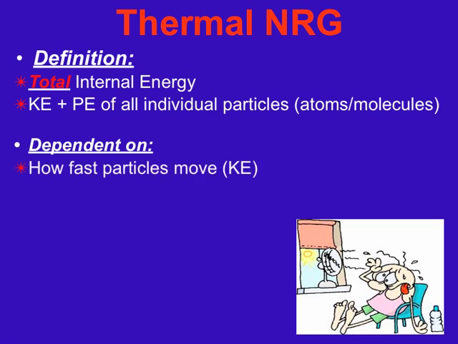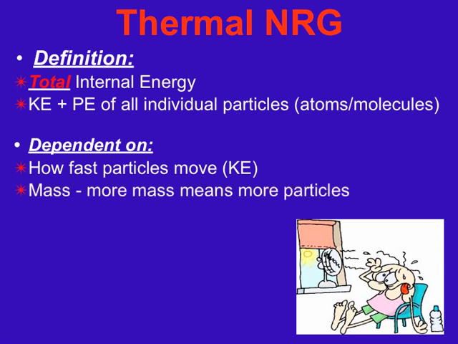Well, what does it depend on? Obviously, how fast the particles are moving, because that's what gives you the KE. Remember, KE is the kinetic energy, energy of motion. The faster the particles are moving, the more KE. However, it also depends on how many particles you have. So the more mass you have, the more particles you have, and the more total kinetic energy that you have, because you have more particles.